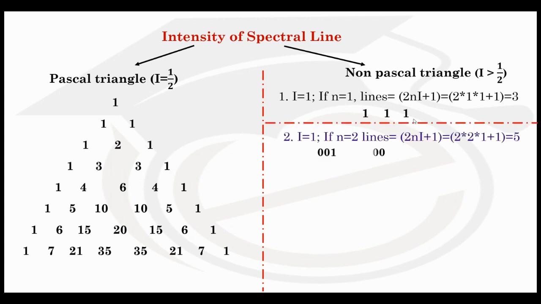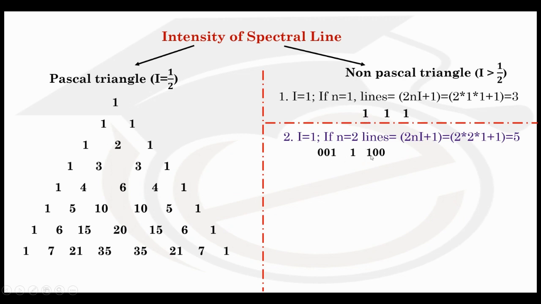Next, when the I value is 1 and n equal to 2, the number of lines will be 2nI plus 1, that is 2 into 2 into 1 plus 1, so we get 5 lines, and we have to find out the intensity of these 5 lines. Here we have one method to adopt. When n equal to 1, see how many lines we get. That number minus 1 is the number of 0s we have to add on the left and right side. Here when n equal to 1, the intensity ratio is 1:1:1, that we write first.